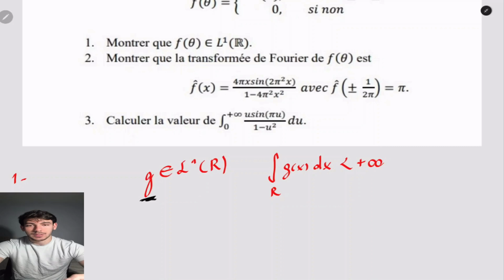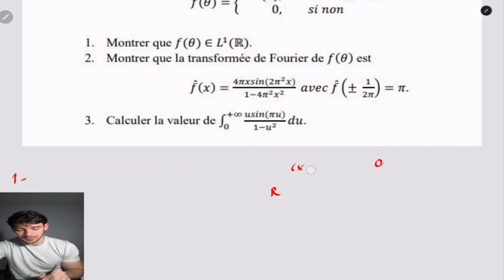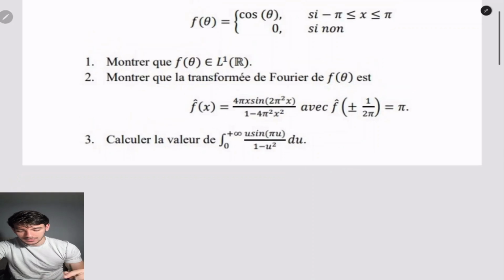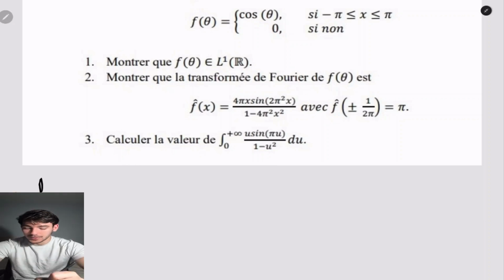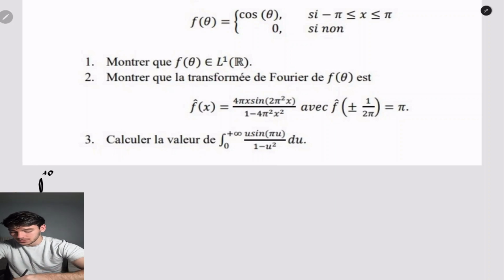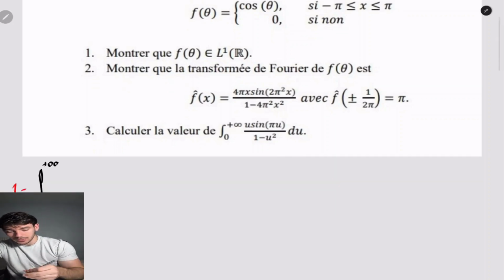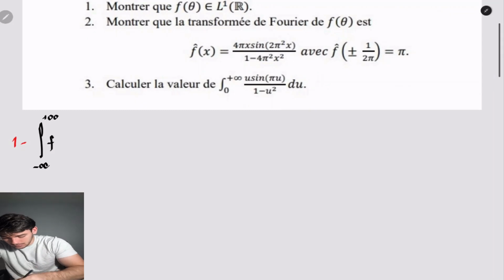We are going to integrate and then see if it is less than plus infinity. Integrating on the real numbers is basically integrating from minus infinity to plus infinity. Here we have our function f of theta.